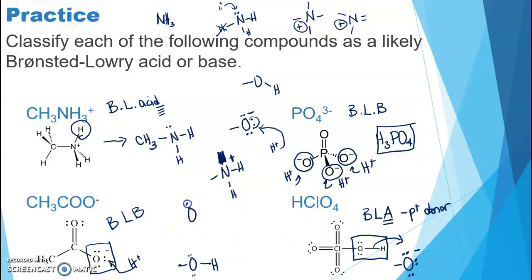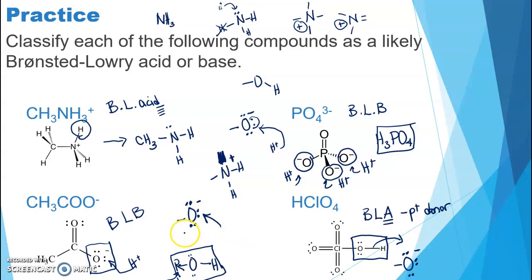If we have the oxygen with 3 lone pairs, single bond, and a negative, that's a hint we could accept a proton there and behave as a base. If we have this, depending on the structure, it does get a little complicated as we move on in chemistry, but depending on what this other thing is, we could donate to become this fairly stable structure.